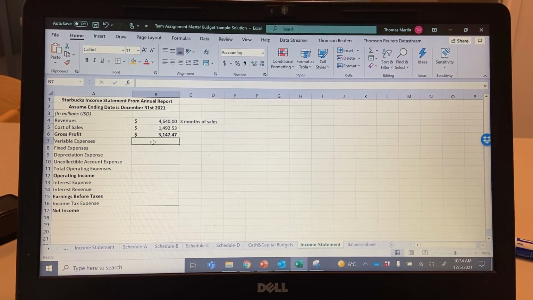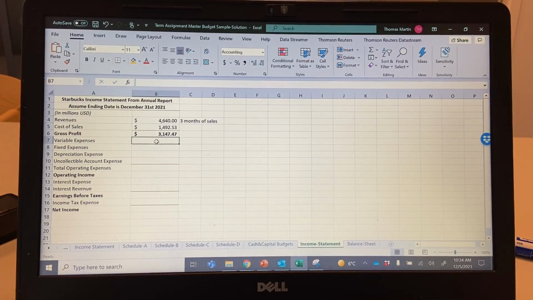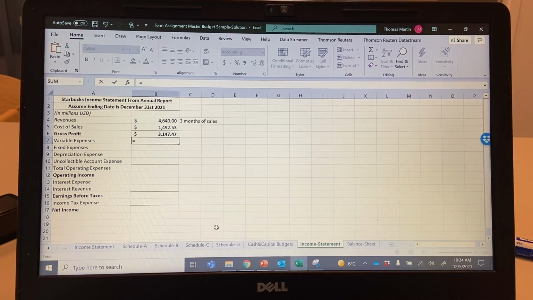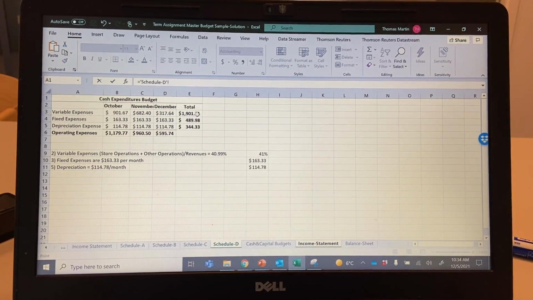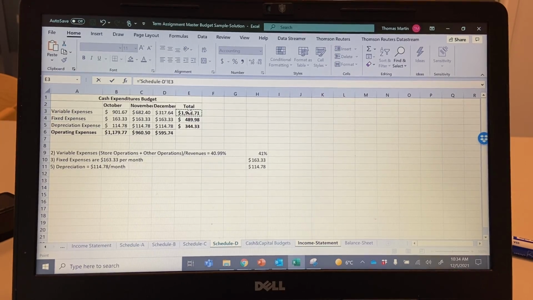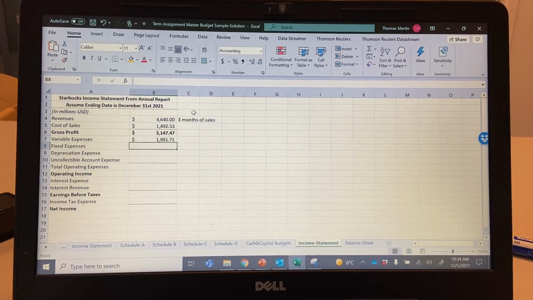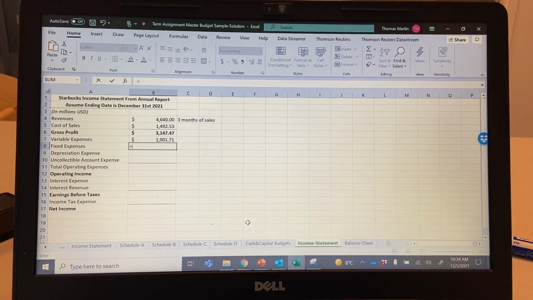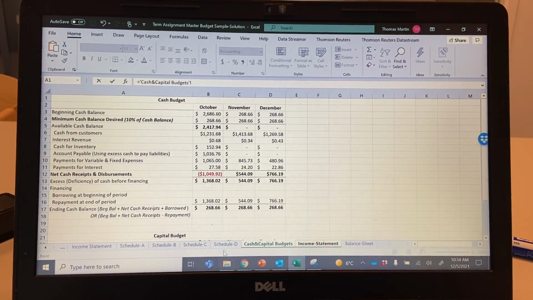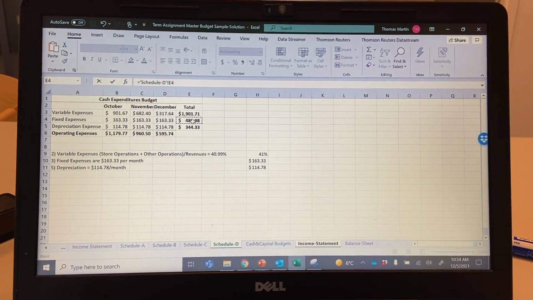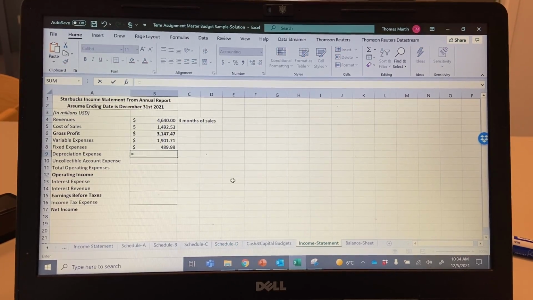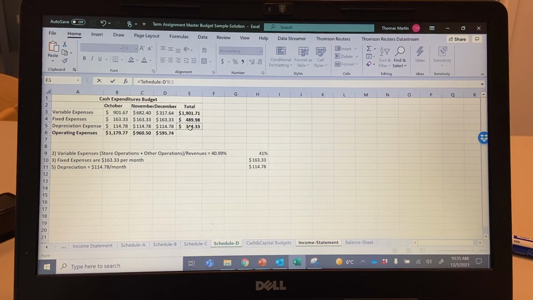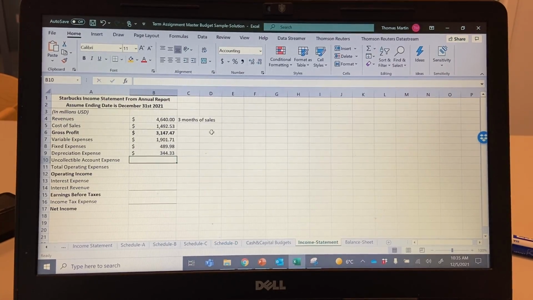Step two is taking the expenses that you've already calculated from your different schedules. Variable expenses come from Schedule D, your cash expenditures budget. This is the total for the 3 months. Fixed expenses, Schedule D, 4998. And then we have depreciation expense, 34433.